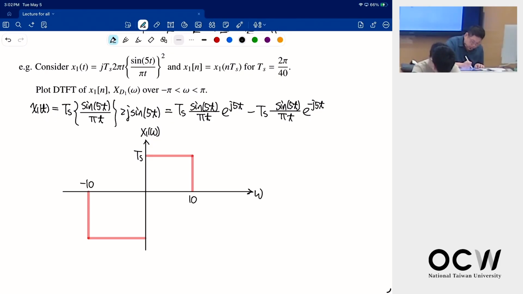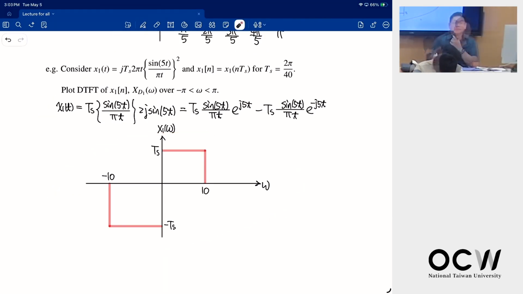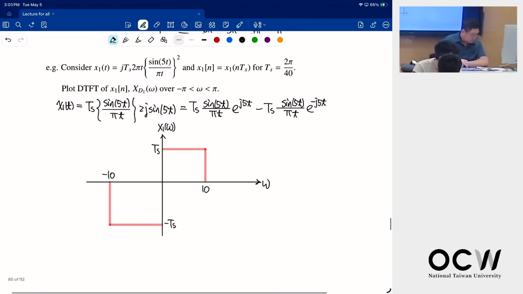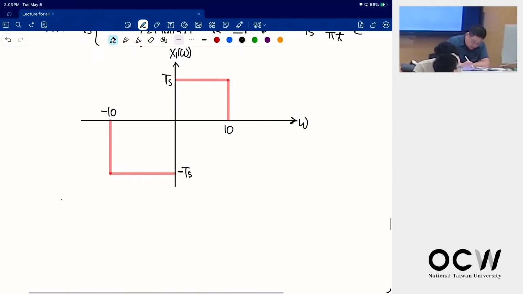So minus 10, here's minus Ts. What is the bandwidth of this signal? Alright, the bandwidth is not like total, the bandwidth is just here, 10.